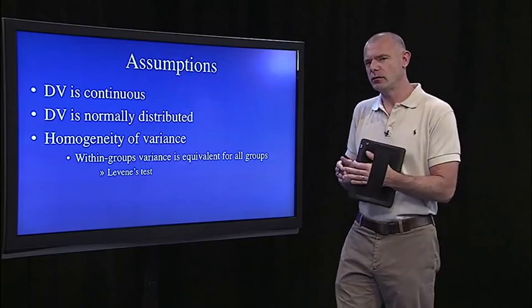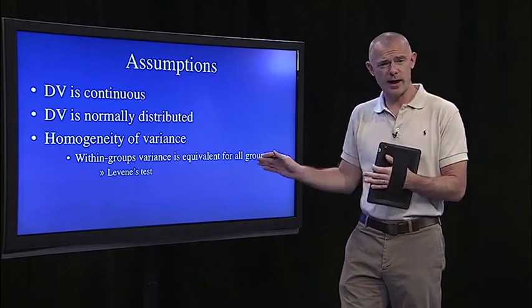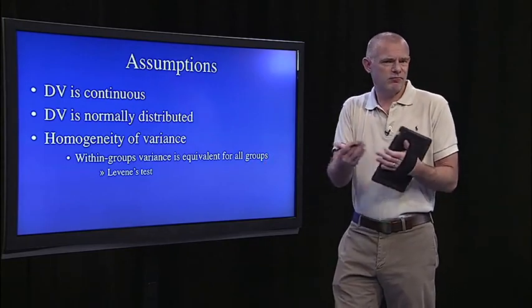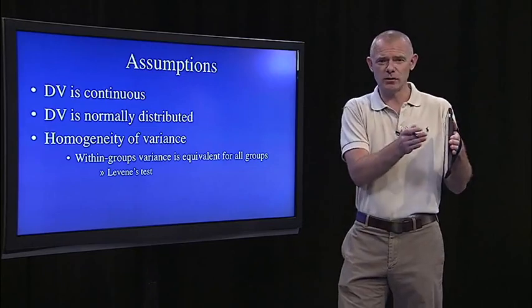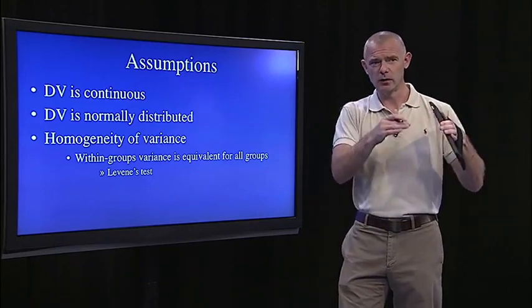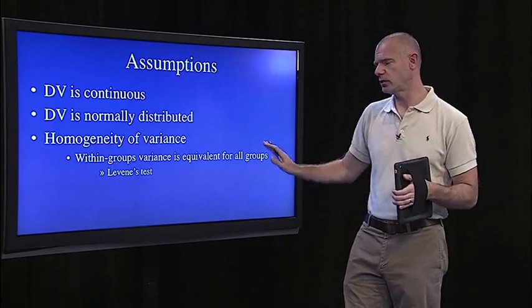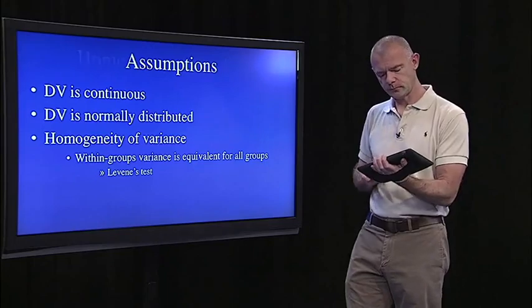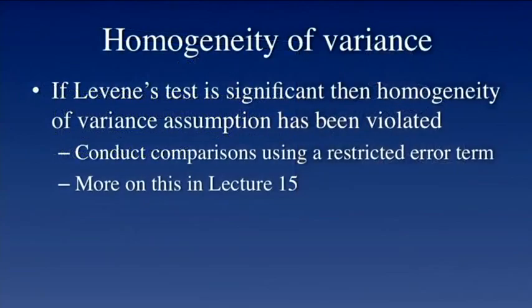And if we violate that assumption, then we'll just conduct simple t-tests using what's called a restricted error term, restricted to the groups that are under comparison. So that's everything I just said there, and we'll see more about that in lecture 15.